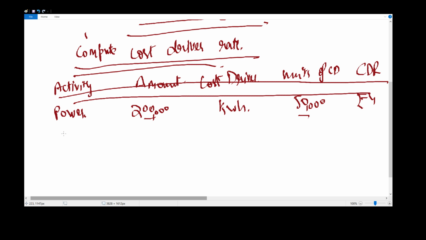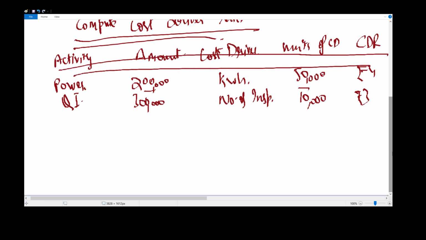The second is quality inspection. The cost is 3 lakhs and the capacity is 10,000 inspections. So rupees 3 is our cost driver rate for quality inspection, and rupees 4 for power.